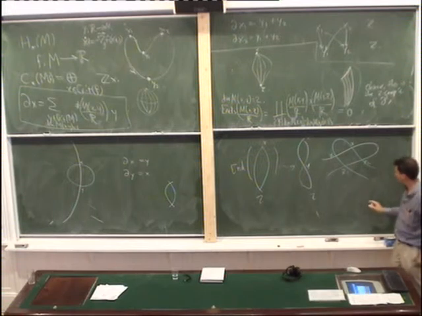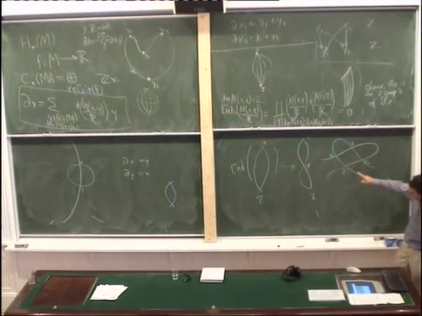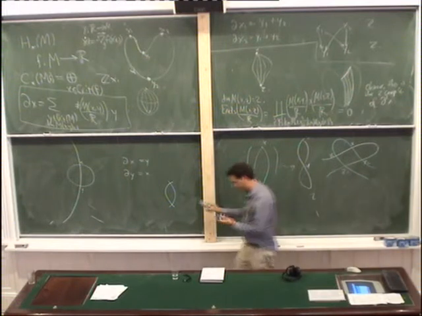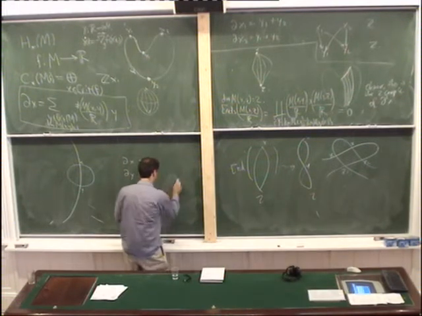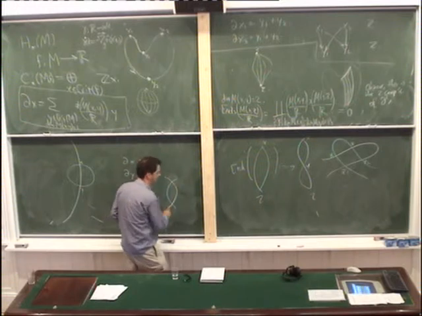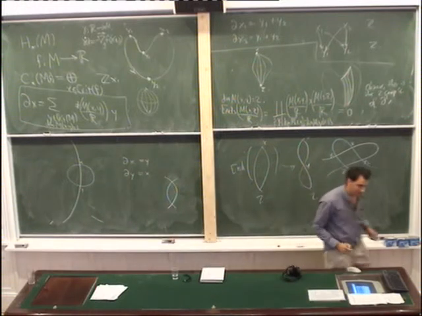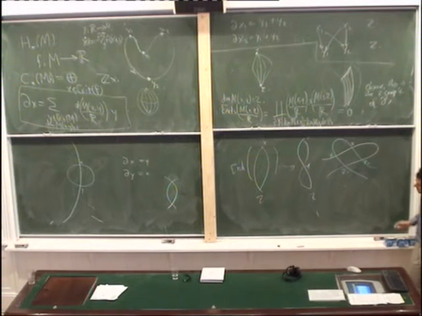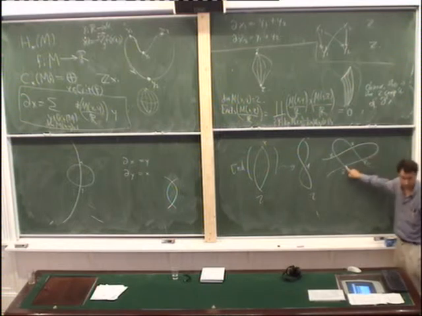Is it Z or is it X? It depends on which convention we're taking. If we take this convention, then it's Z. Okay, let's do that. This may have been different from what you just drew. So the differential of Y in this convention is going to be Z.